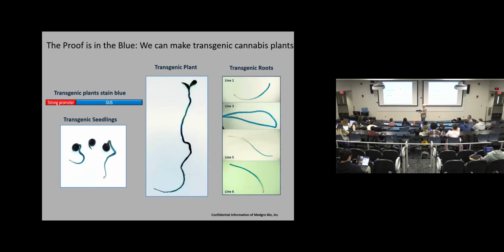And I'll show you. So these are transgenic plants. And what we've done is we've put a transgene in, so a little bit of foreign DNA, with a strong promoter. So that's a strong on or off switch. In this case, it's an on switch, in front of a gene called GUS. And GUS is useful because if you put it in a staining solution, if that gene is in there, it goes blue. So all you're trying to do is to show that you can make plants that have the foreign DNA in and that go blue.